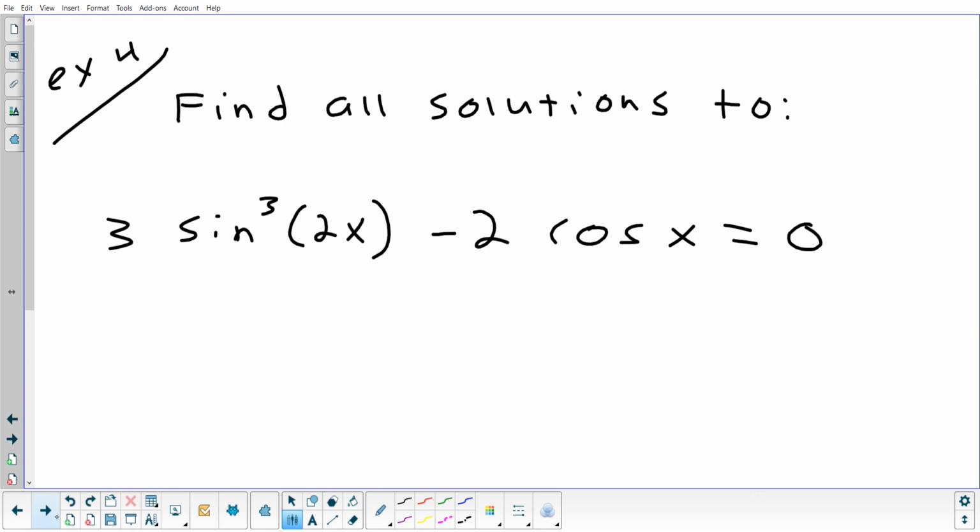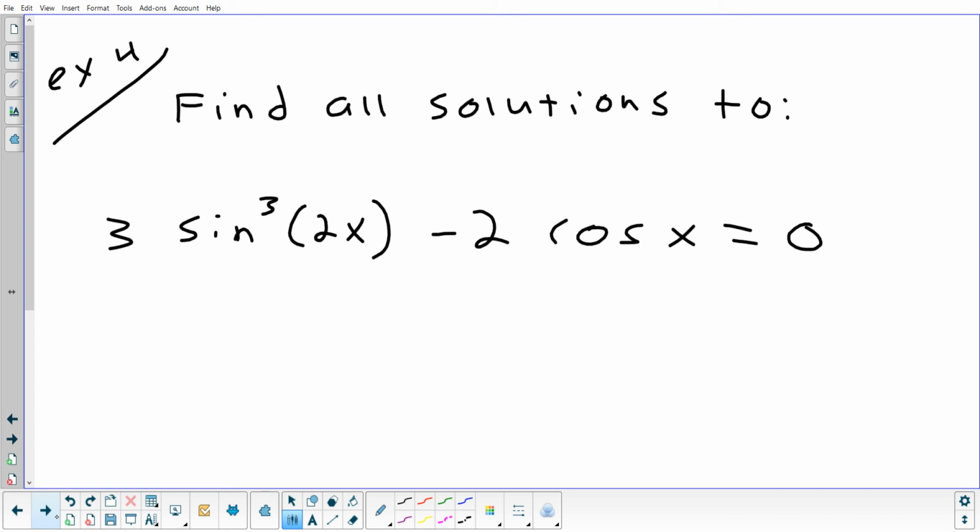All right, let's try this one. You tell me, what's the first thing I have to do here? Yeah, Eli? Put the cube around the 2x also. So when we type it in, we'll have to put the 3 over after the argument.